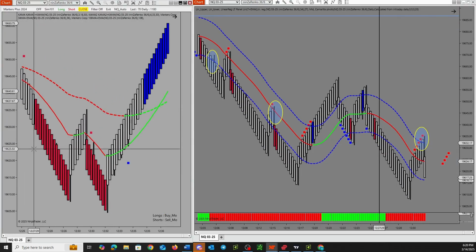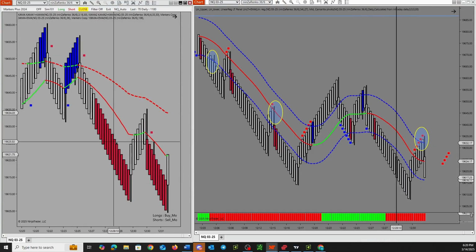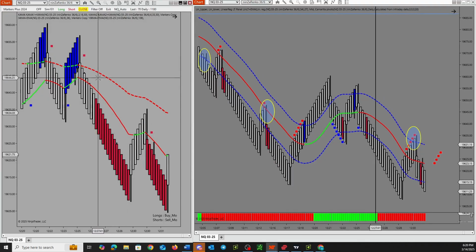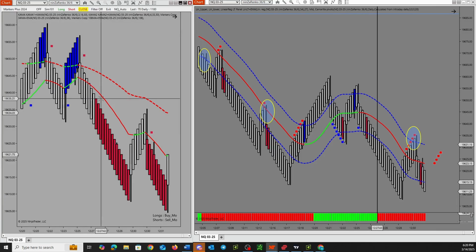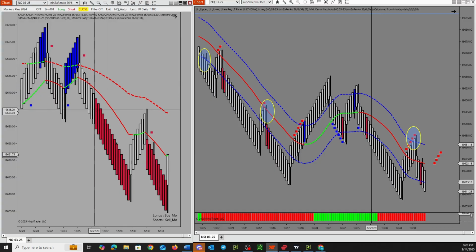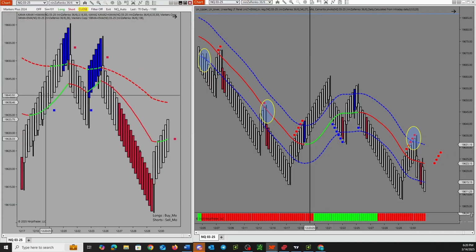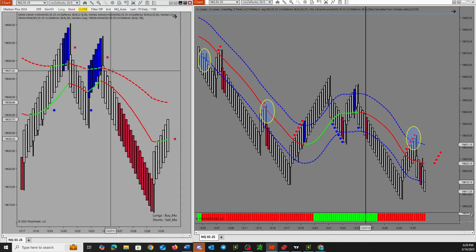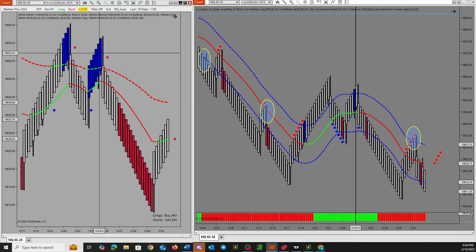All right, here's the first. I'm glad this came up right here because I want to explain something. When I say first pullback, it's either the first pullback when the 34 crosses the 108 the first time, or if we're in an extended down move like we are here, the 34 never goes back above the 108, but I get a change in character right here when the bars paint blue.